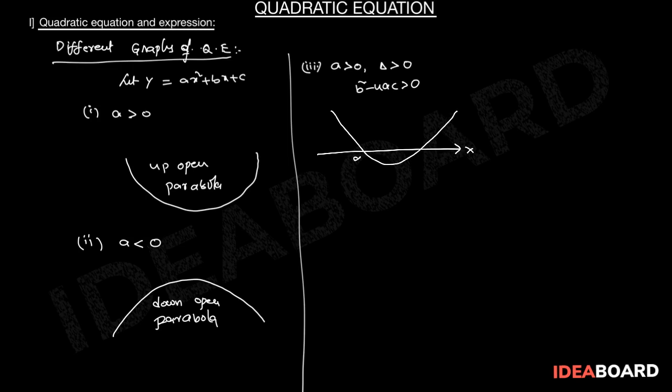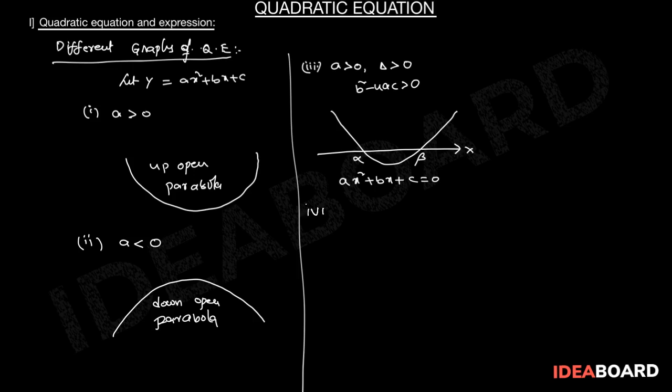Then the 2 points are called the roots. Let the points be alpha and beta. Alpha, beta are the roots of the quadratic equation ax square plus bx plus c equal to 0. This is an upward opening parabola.